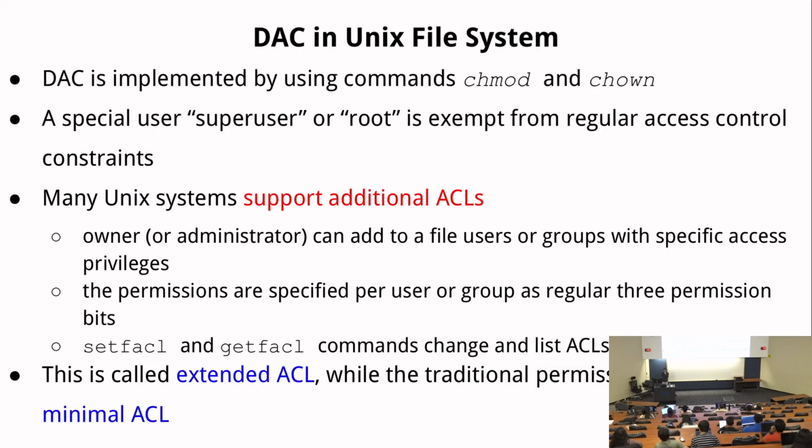So why is the Linux file system a discretionary file system? It's because users can change the permissions. And there are several commands you can use to change the permissions for files. One is change mode, chmod, which can change a file.